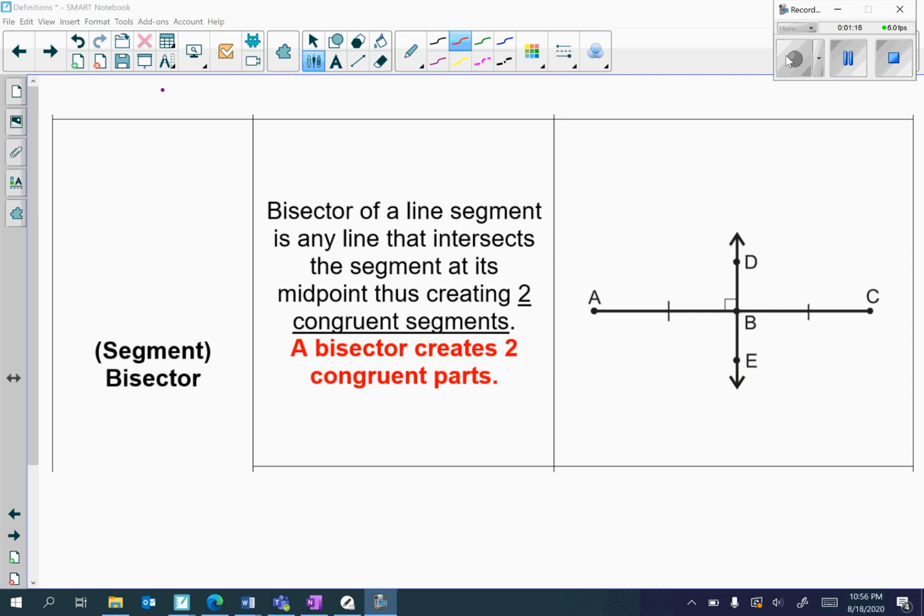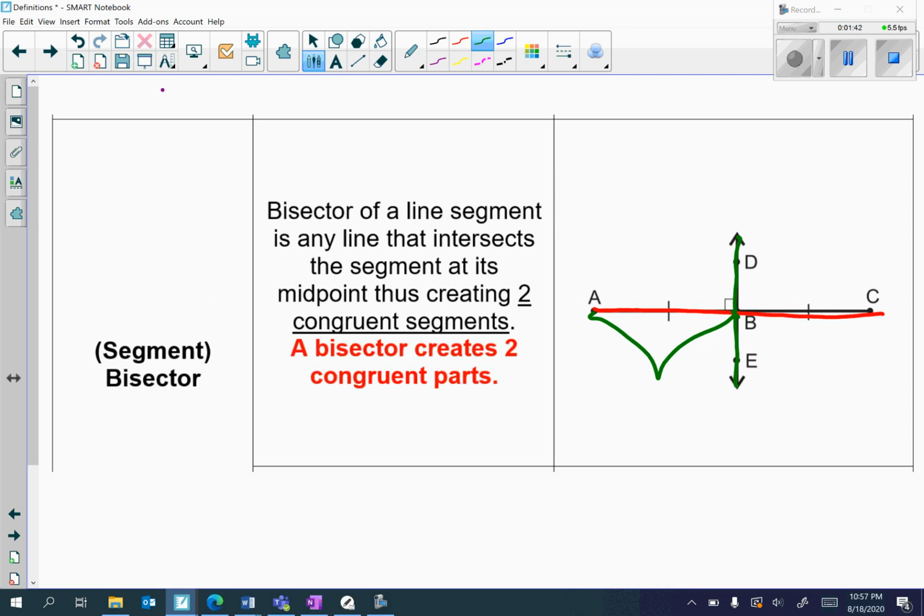So again, looking at the diagram, I have line segment AC, and that is being bisected by DE. So essentially, DE is cutting through AC at point B, and when it cuts through, it creates two congruent parts.